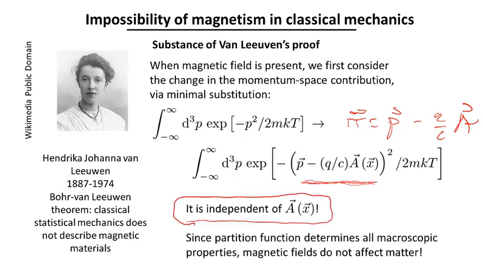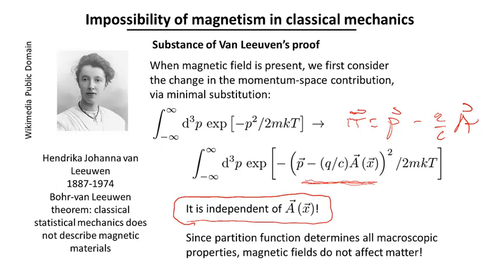Now, in some sense, that does make a certain amount of intuitive sense because, as you may recall, we said the vector potential has this ambiguity. It's undefined up to a very general function, which is a gradient of something.